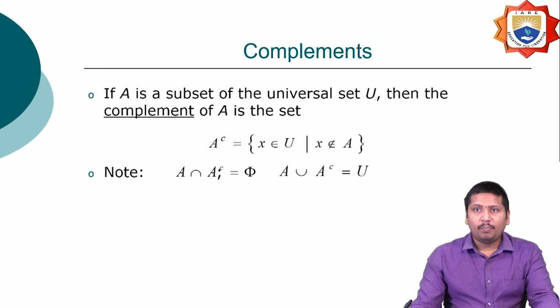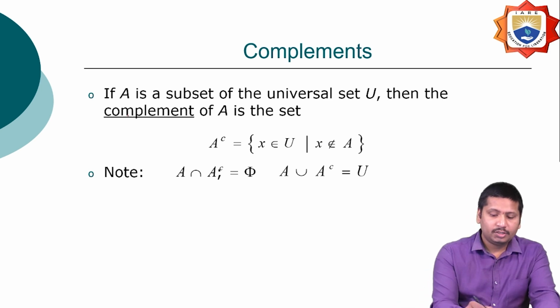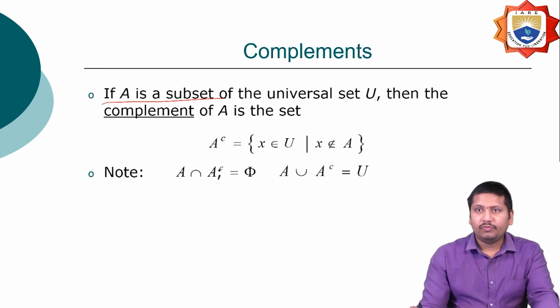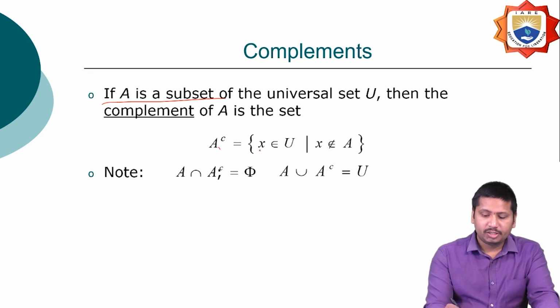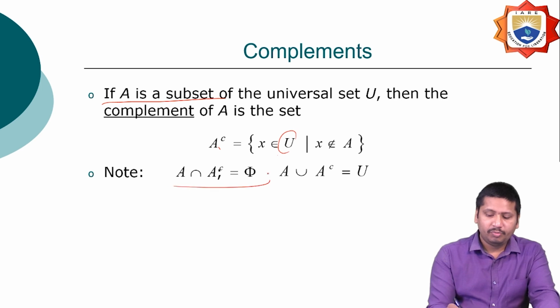And the next one is complement. What is the complement? If A is a subset of the universal set, how can I write the complement of A? A complement is X belongs to the universe such that X does not belong to A. Some of the identities are A intersection A complement is phi, and A union A complement is the universal set. So if A is a subset of the universal set, then the complement of A is also a set.